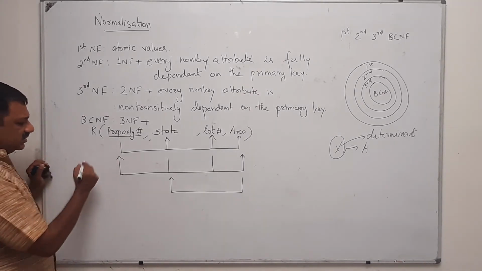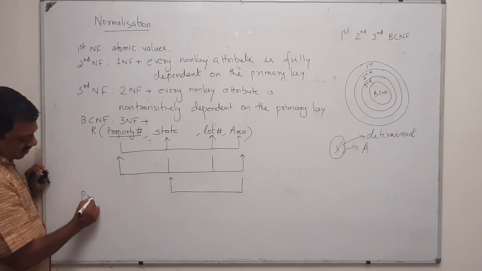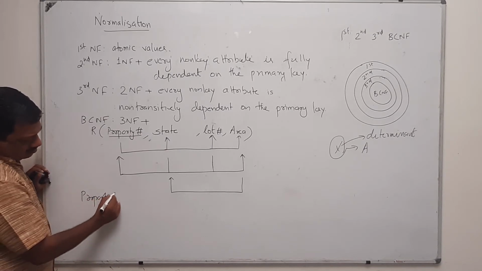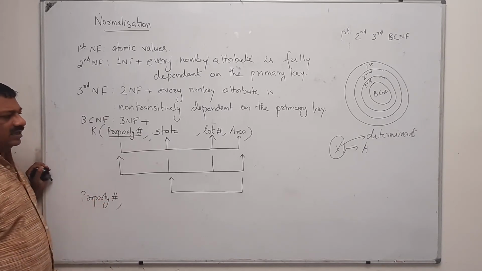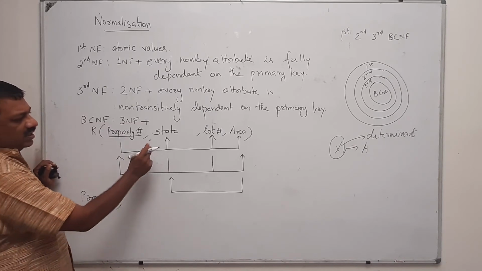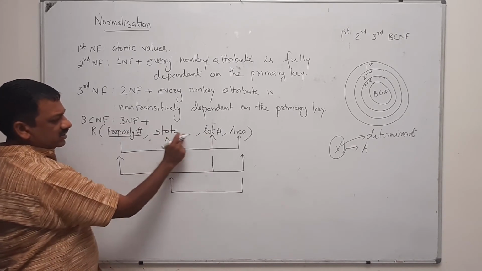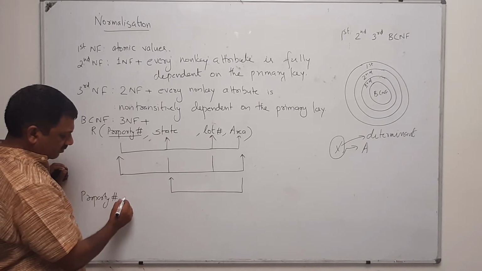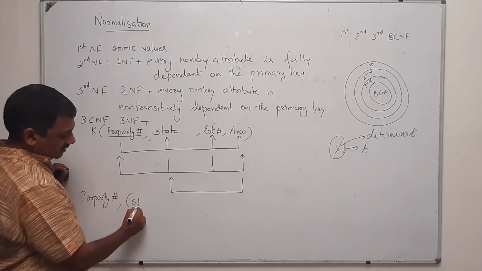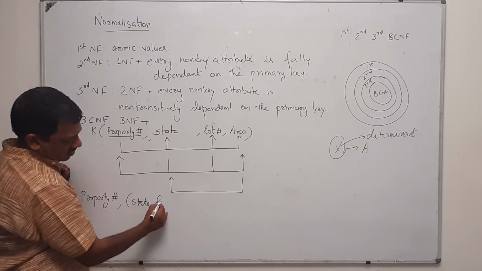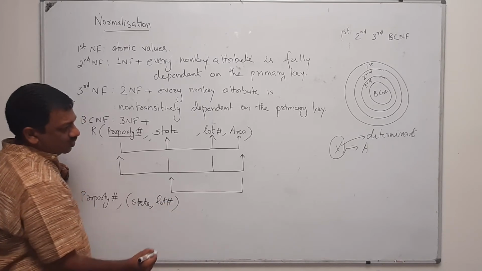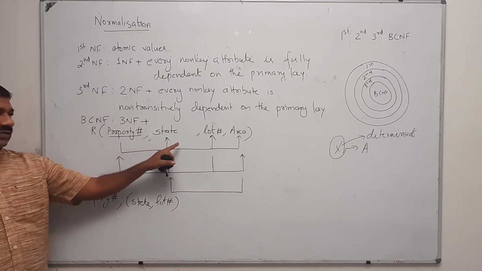Here, the determinants are property number. Property number is a candidate key here. State and load number together form another candidate key for this.